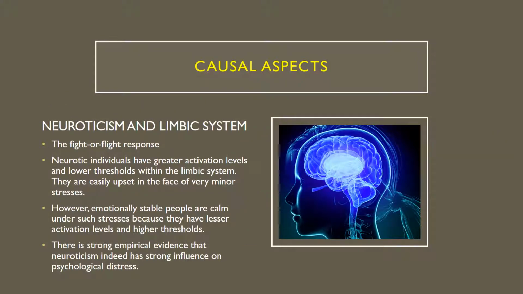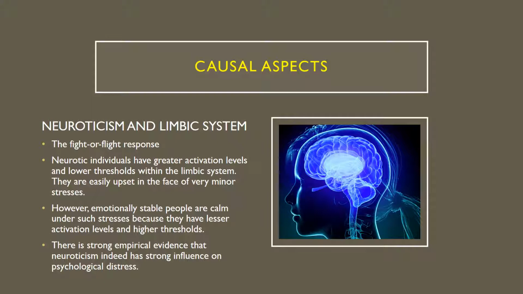Eysenck also explains neuroticism in terms of activation in the sympathetic nervous system or limbic system. The limbic system consists of the hippocampus, amygdala, septum, and hypothalamus, and regulates such emotional states as sex, fear, and aggression. It is responsible for the fight or flight response in the face of danger.